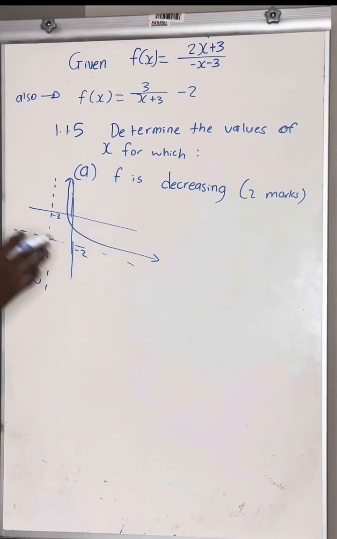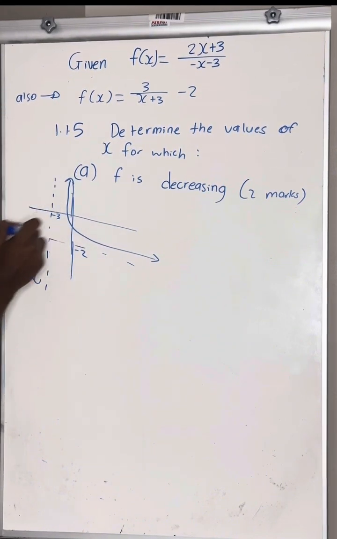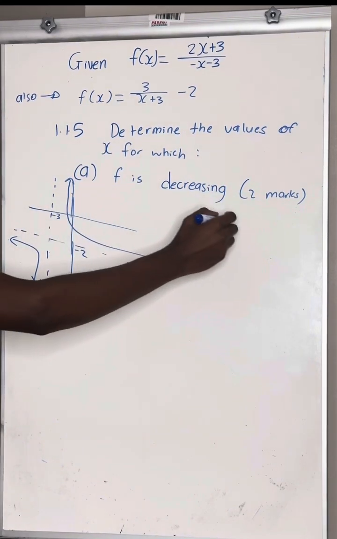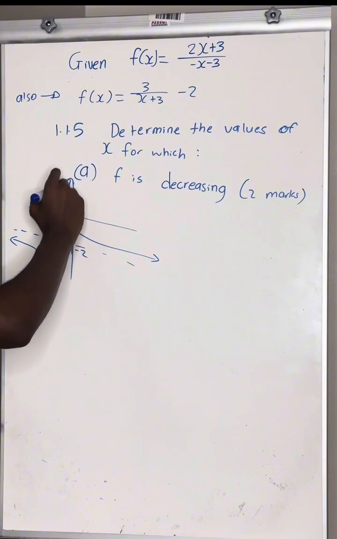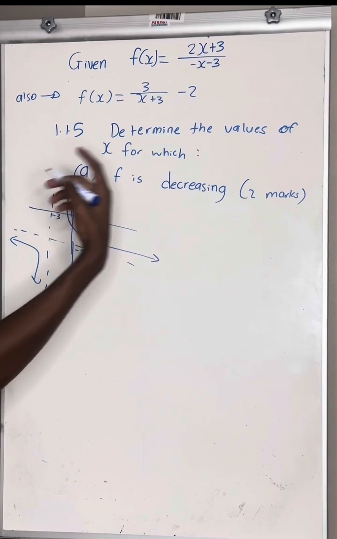I always like to say maths is a language. So when looking at the function, f is decreasing for all real numbers of x, or for all values of x. But remember, x cannot be negative 3. So instead of saying for all real values of x in this function, except x cannot be negative 3, just write it in mathematical language.